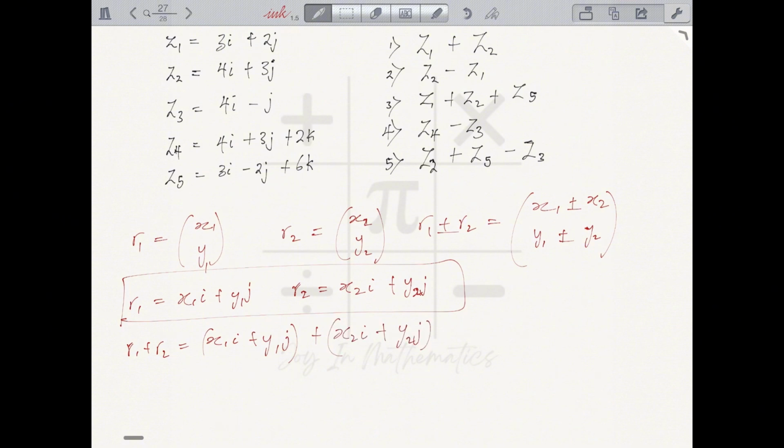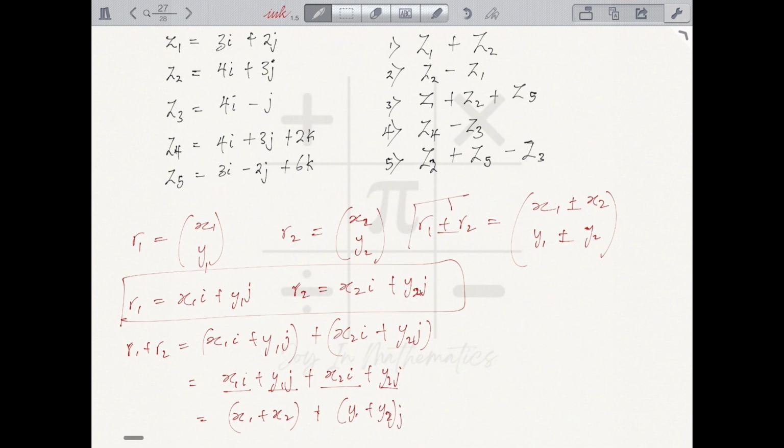If we open up the brackets, we have x1i plus y1j, and we also have x2i plus y2j. We can collect like terms, so the i components will be x1 plus x2, and likewise the j component will be y1 plus y2.